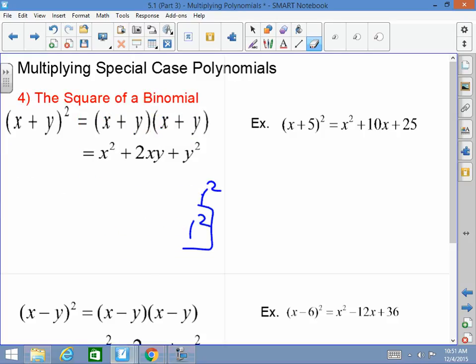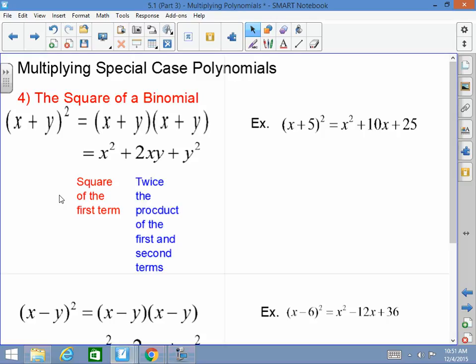you could learn the pattern. And the pattern is: square the first term, plus twice the product of the first term and the second term, plus the square of the last term. For example, x plus 5 squared.